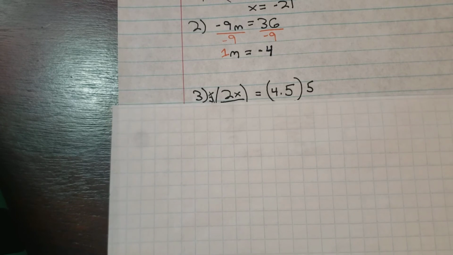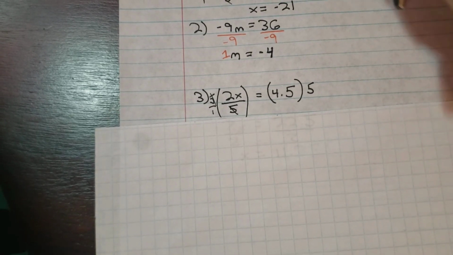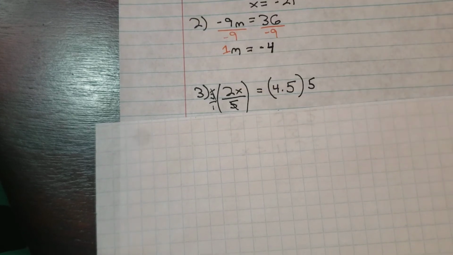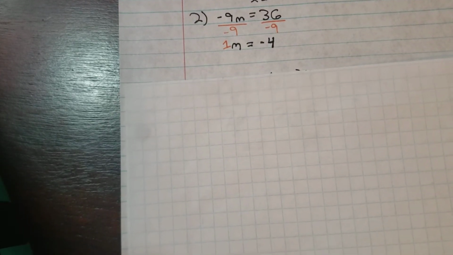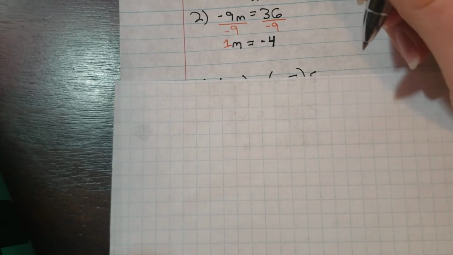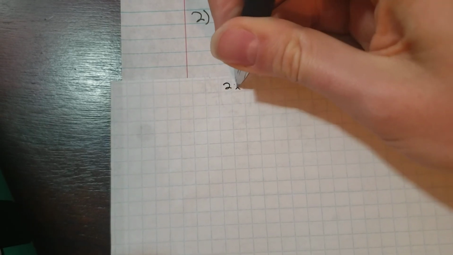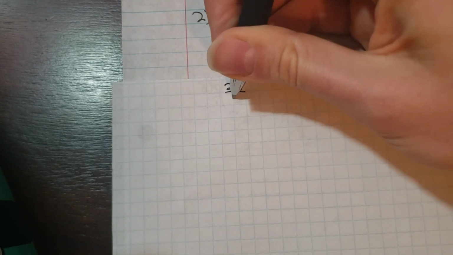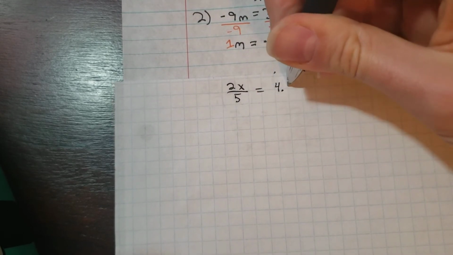Our next one. Okay, so let me actually rewrite this. So this actually starts as 2x over 5 equals 4.5.